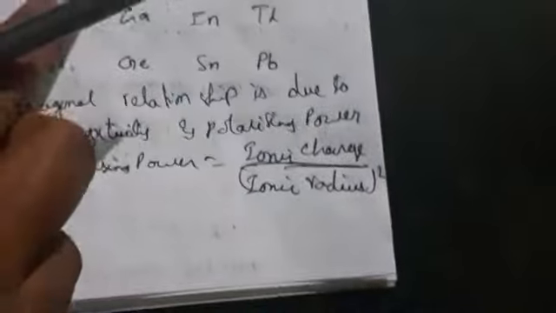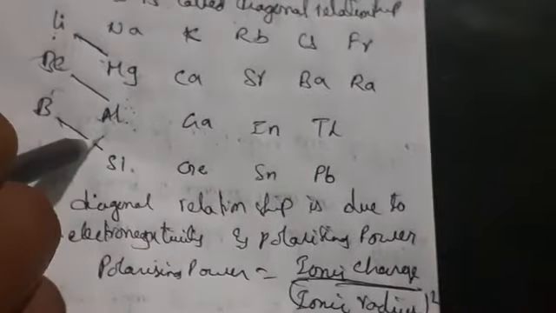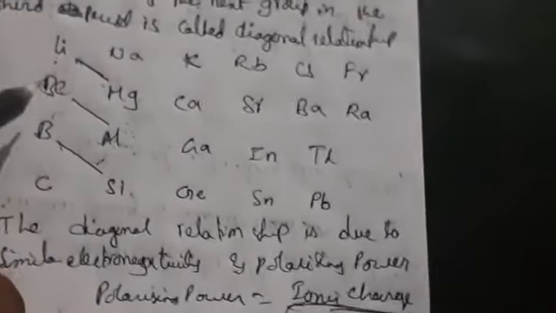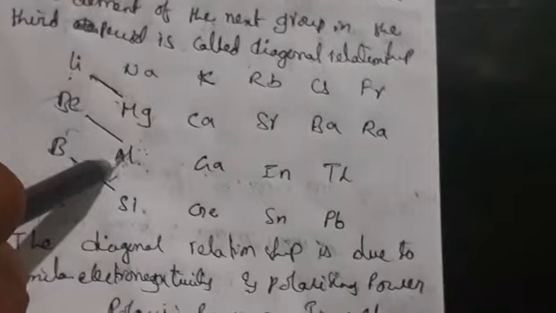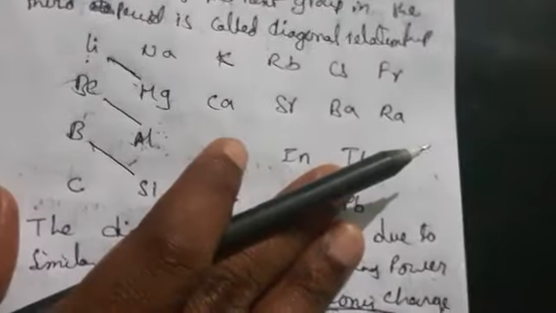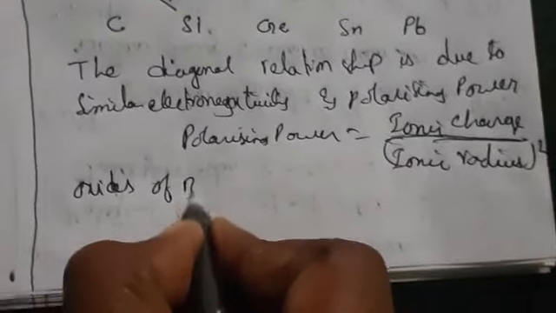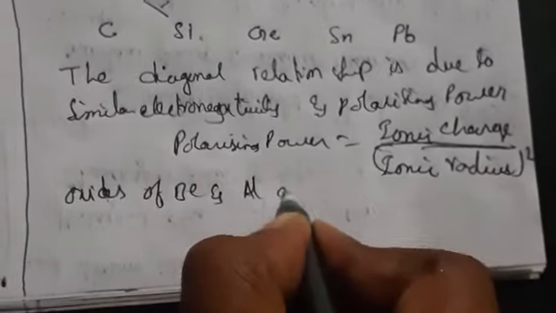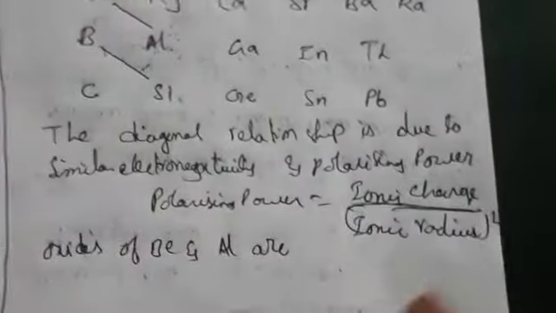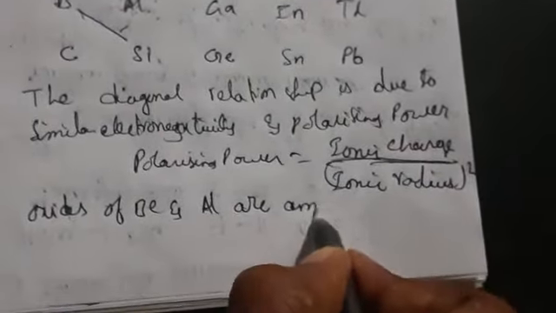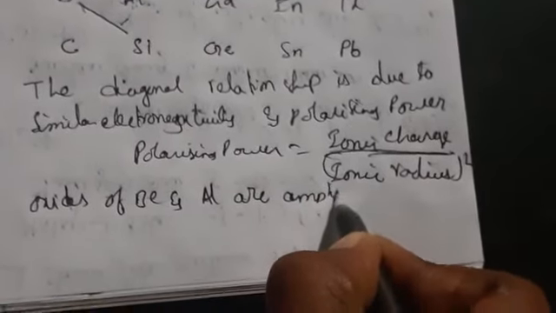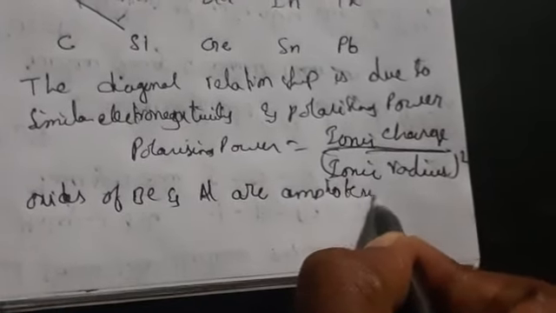Elements which exhibit diagonal relationship have similar properties. For example, oxides of Be and Al are amphoteric, meaning they show both acidic and basic character.